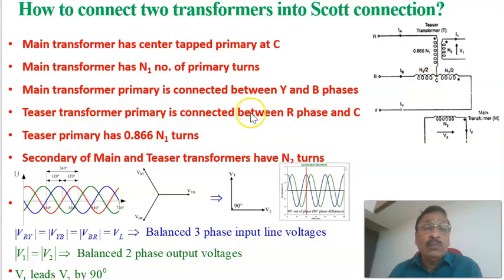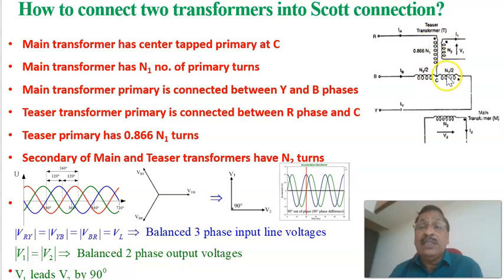The teaser primary has, and this is the most important point, 0.866 N1. For example, if this is equal to 100 turns, this is equal to 86.